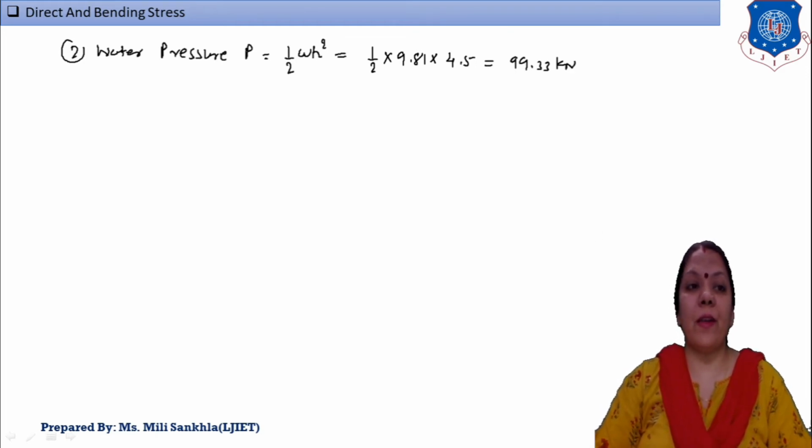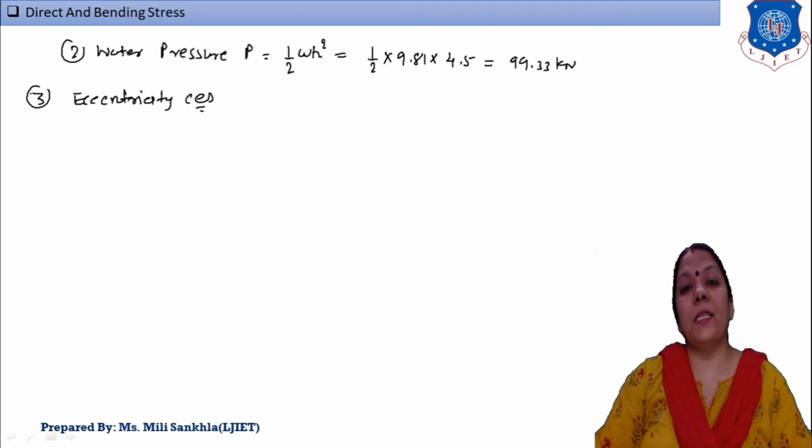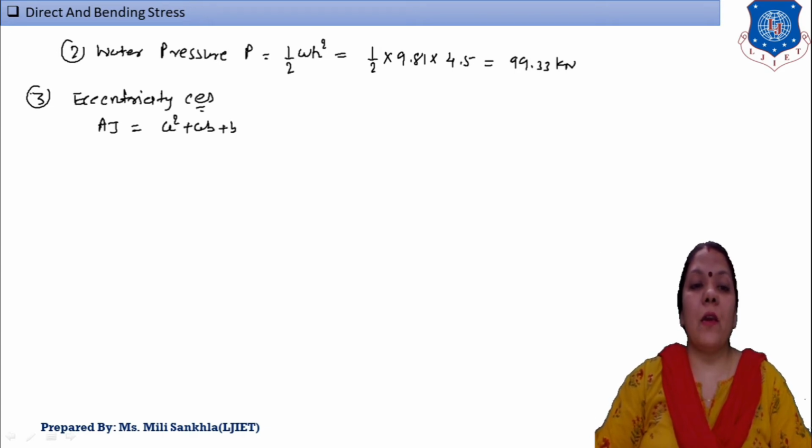Now third we find out eccentricity. Okay, we simply follow the steps that I already explained at the time of theory. For eccentricity, first of all we find out CG, equation of CG, that means AJ. What is the equation of AJ? a square plus ab plus B square divided by 3(a plus B).